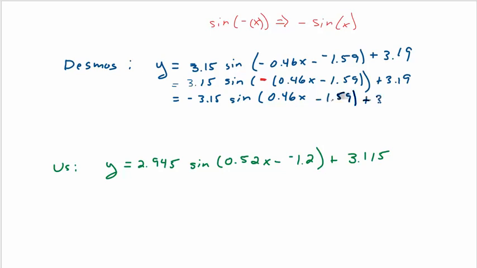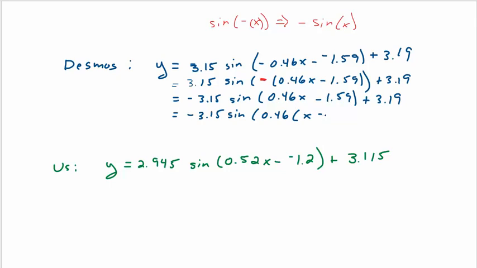Alright, so what Desmos is doing is, because this is negative, it's shifting to the right. Now, it's not shifting to the right 1.59 units, because remember, to get the actual shift, what you would have to do is pull out the 0.46 and then take 1.59 divided by 0.46.